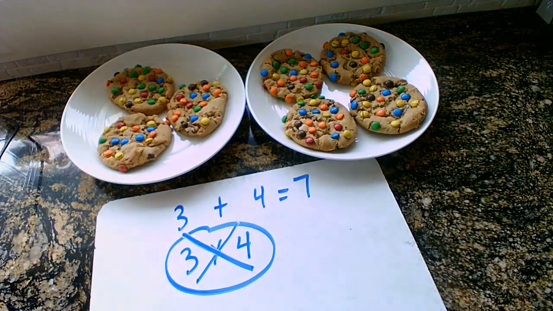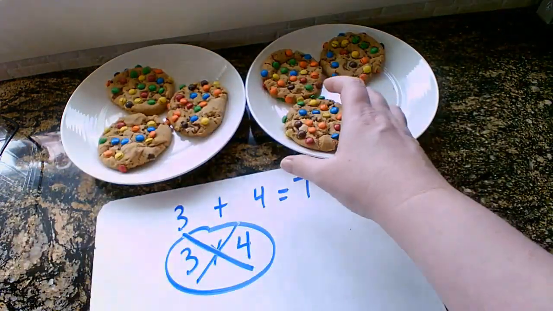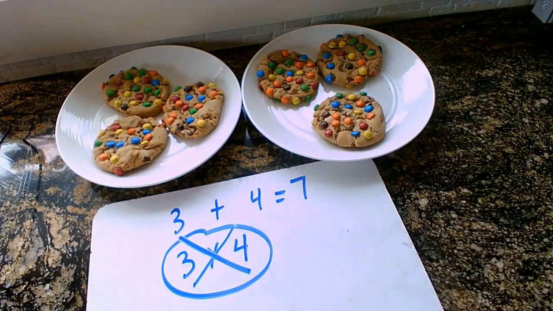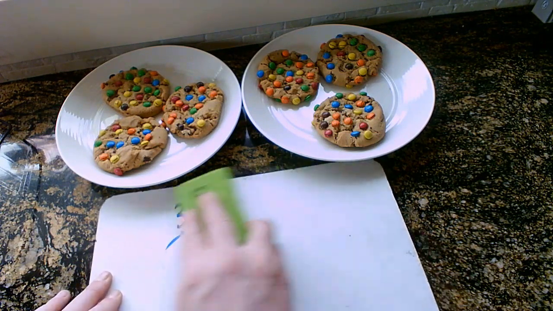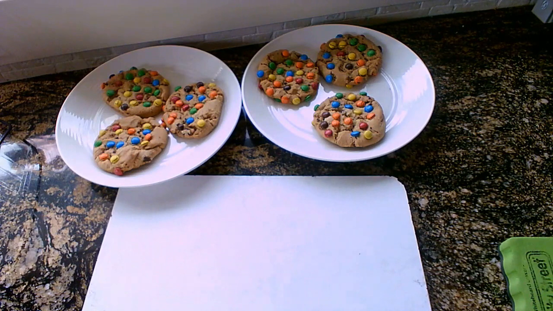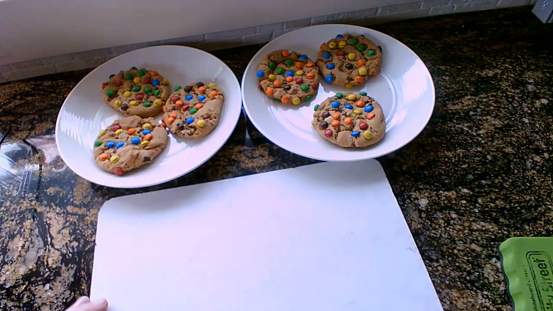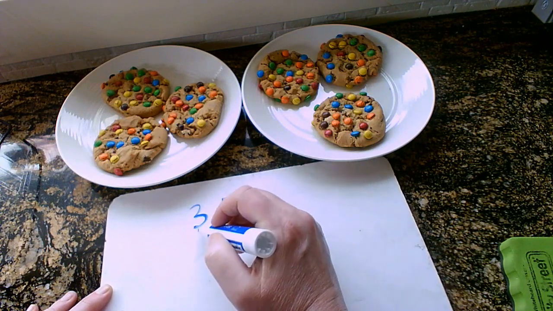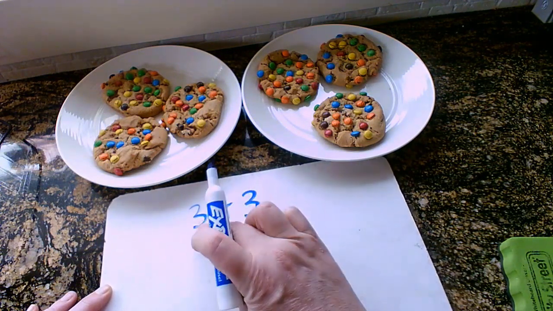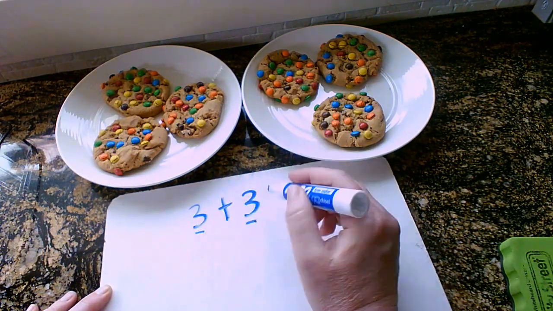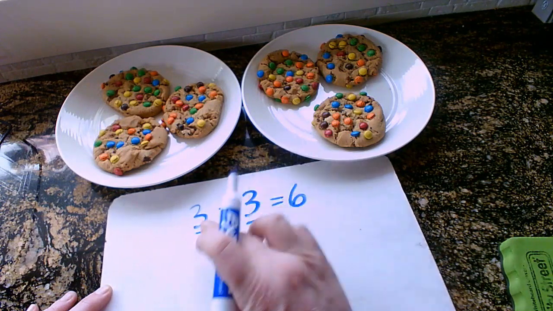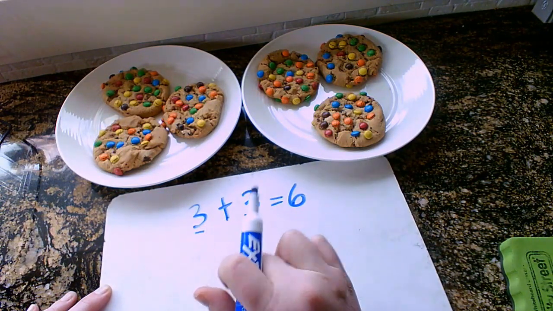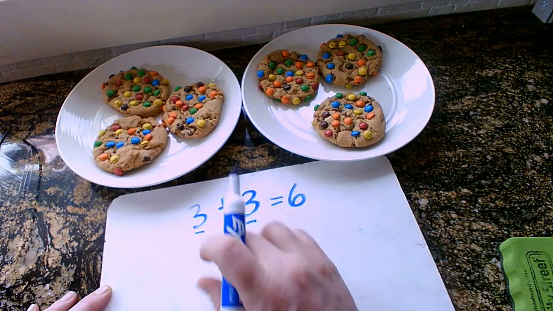Well, if I change it up, and let's take a cookie off here, now I have equal groups. To find the total number of cookies, I could add 3 plus 3. This is now a repeated addition because I'm adding the same number. And I know when I have repeated addition, I can use multiplication.